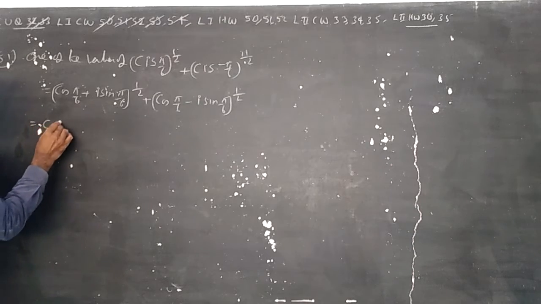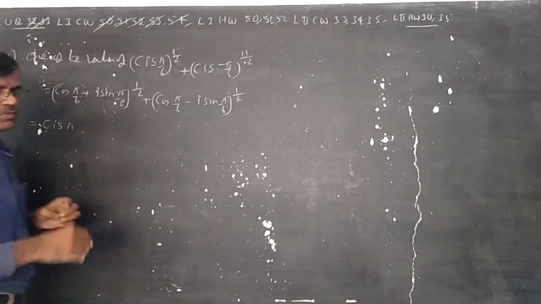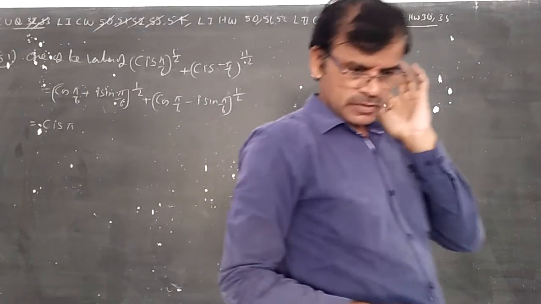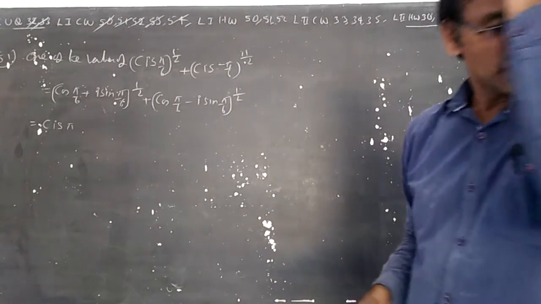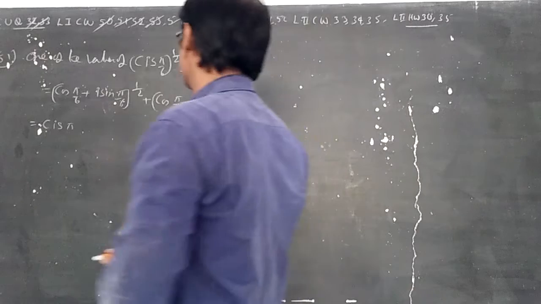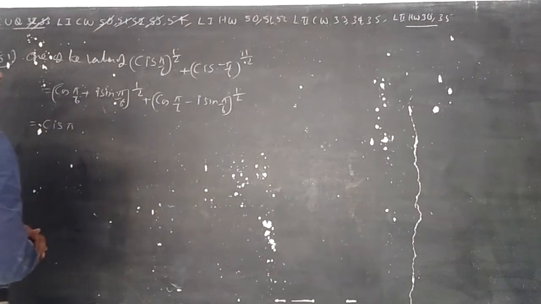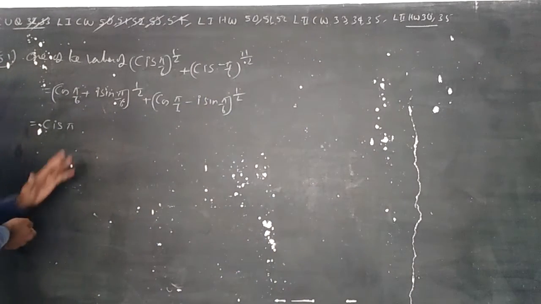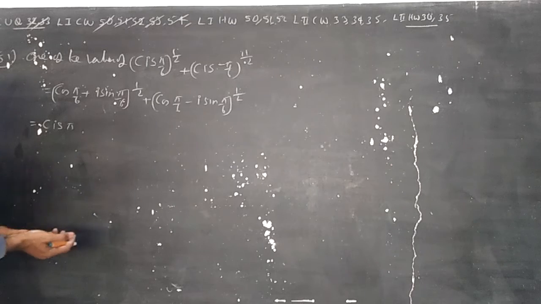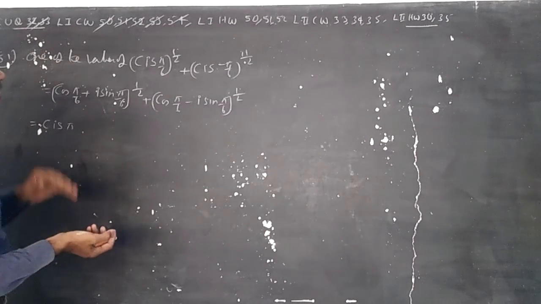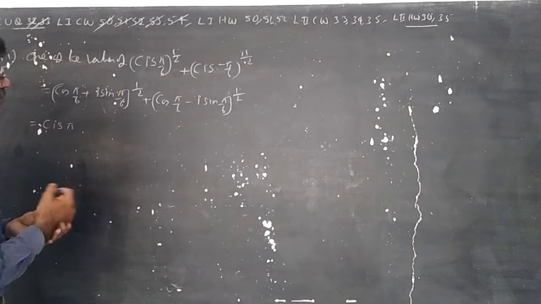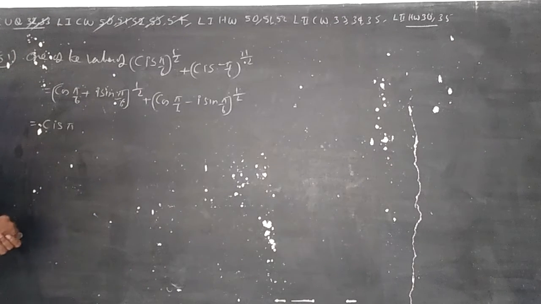If we write this one as 6 pi by 12 plus, we will not give the pi by 12 concept. Let us write cos pi by 12 plus i sin pi by 12, cos 15 plus i sin 15.